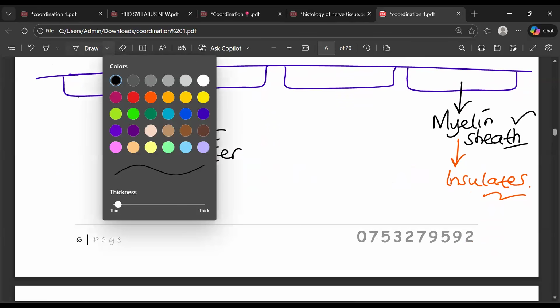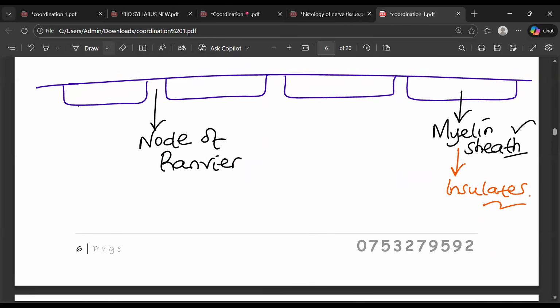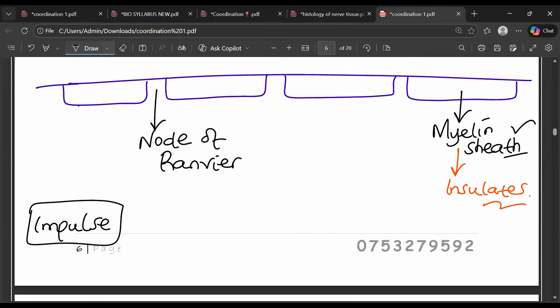What I want to talk about is this: you all need to know that an impulse moves like a wave of depolarization. But now we are bringing in the word depolarization, and there are things we are going to find in lesson 2.